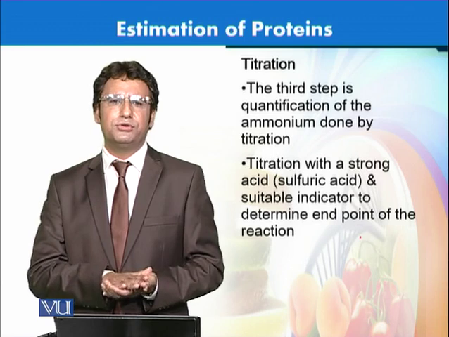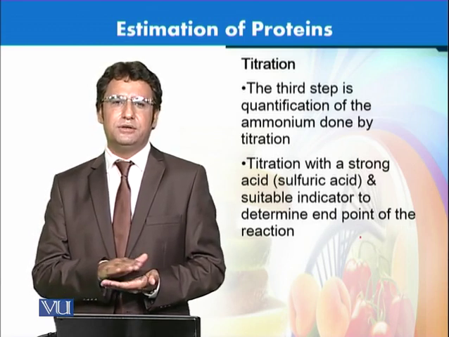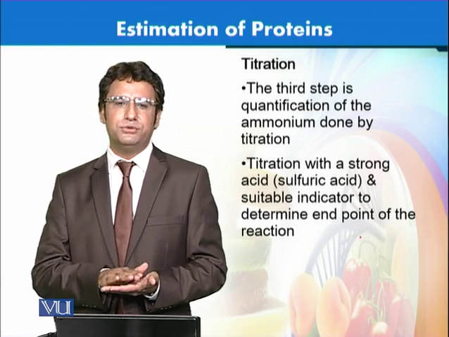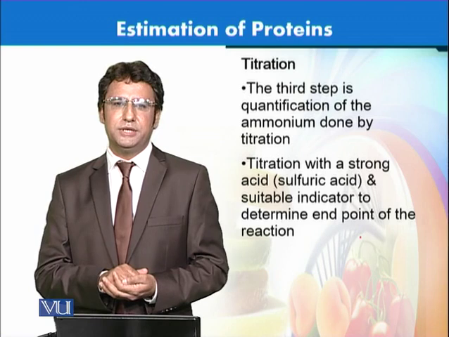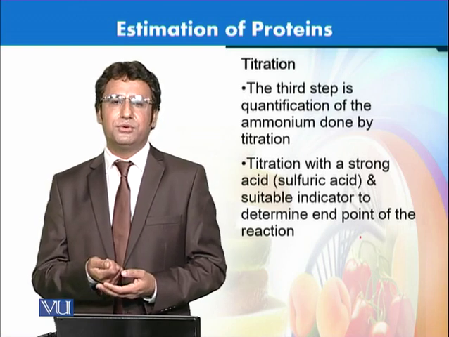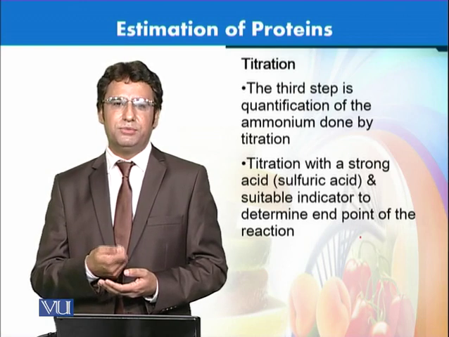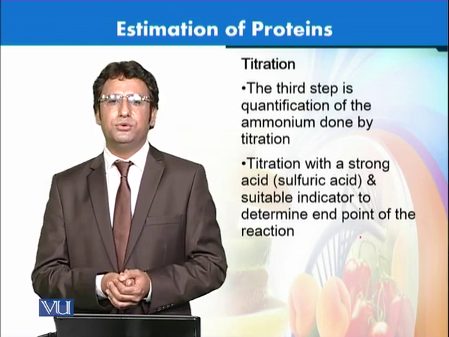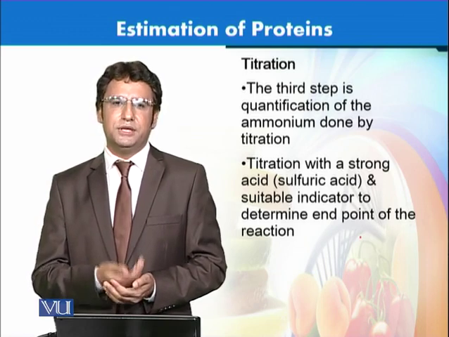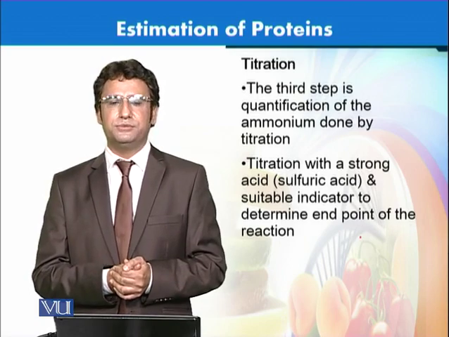That acid neutralizes all the ammonia, and once the ammonia is neutralized, the color of the solution changes due to the indicator, and that indicates that the reaction has been completed. From that onward, we calculate how much nitrogen was released from the food, and that nitrogen is multiplied with a multiplication factor to know how much protein was there in the food. So this was the overall process for the protein determination in foods.